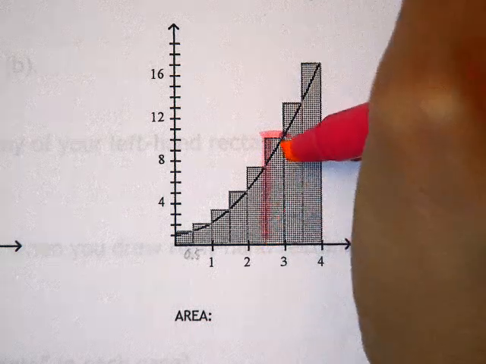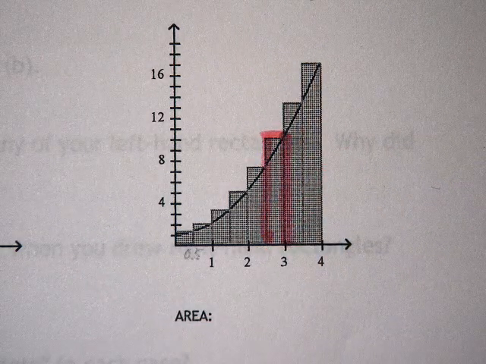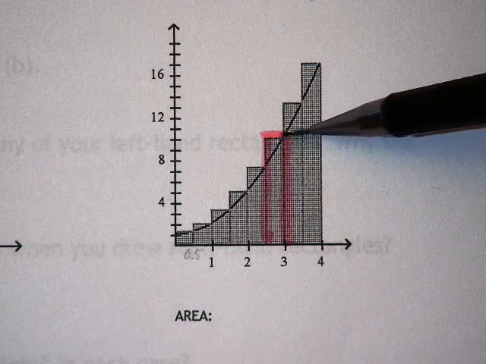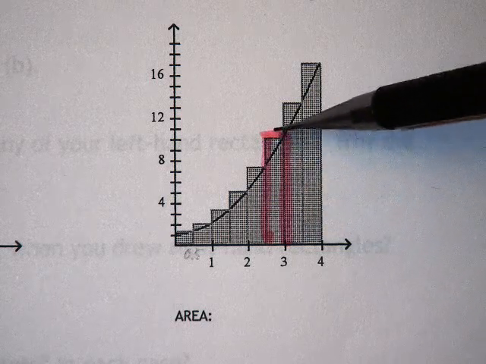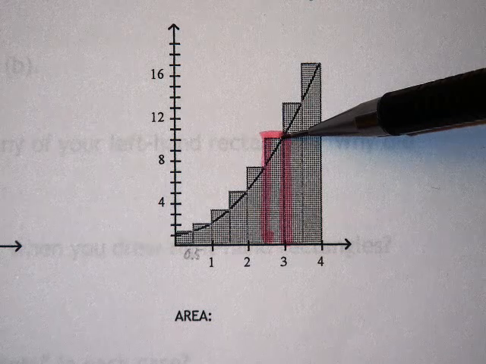The height of this rectangle that I'm outlining there in pink seems to correlate to that point on the curve, meaning that edge of the rectangle, which happens to dictate the height of the rectangle, seems to be a point on the actual curve with the x-coordinate 3.